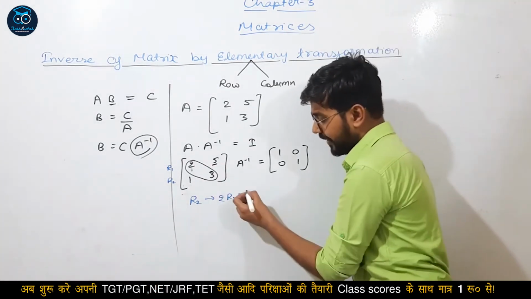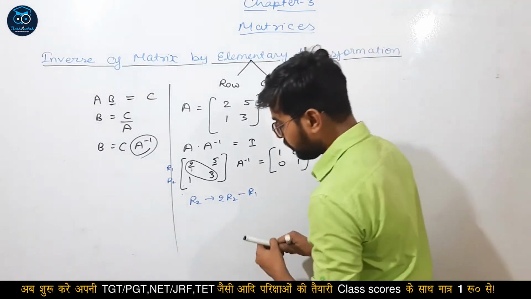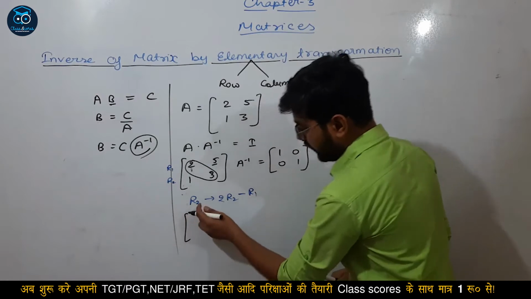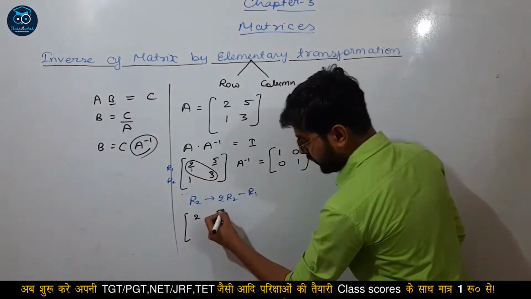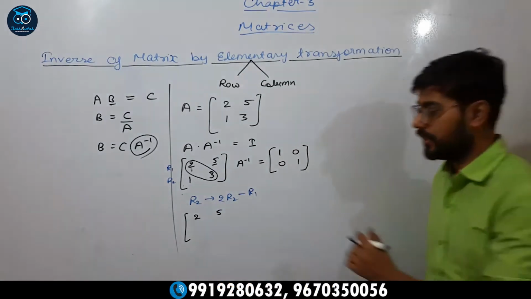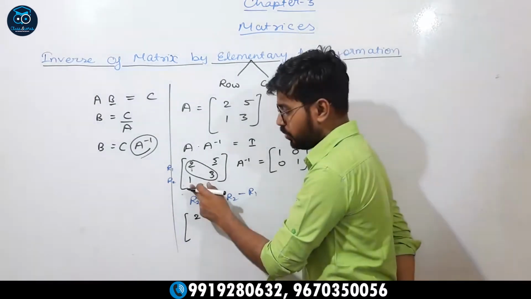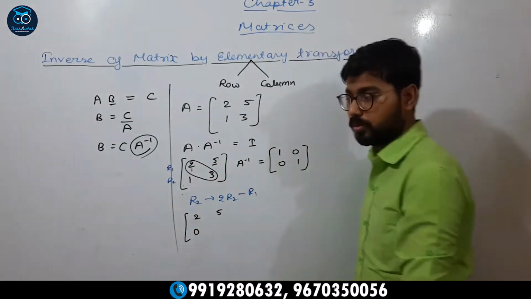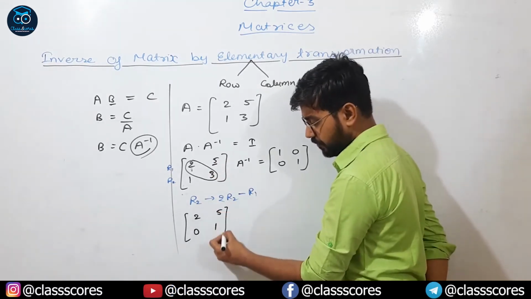So R2 changes to 2R2 minus R1. There is no change in R1. Clear? Now 2R2: 2 into 1, that is 2. 2 minus 2, 0. 2 into 3, 6. 6 minus 5, that is 1.